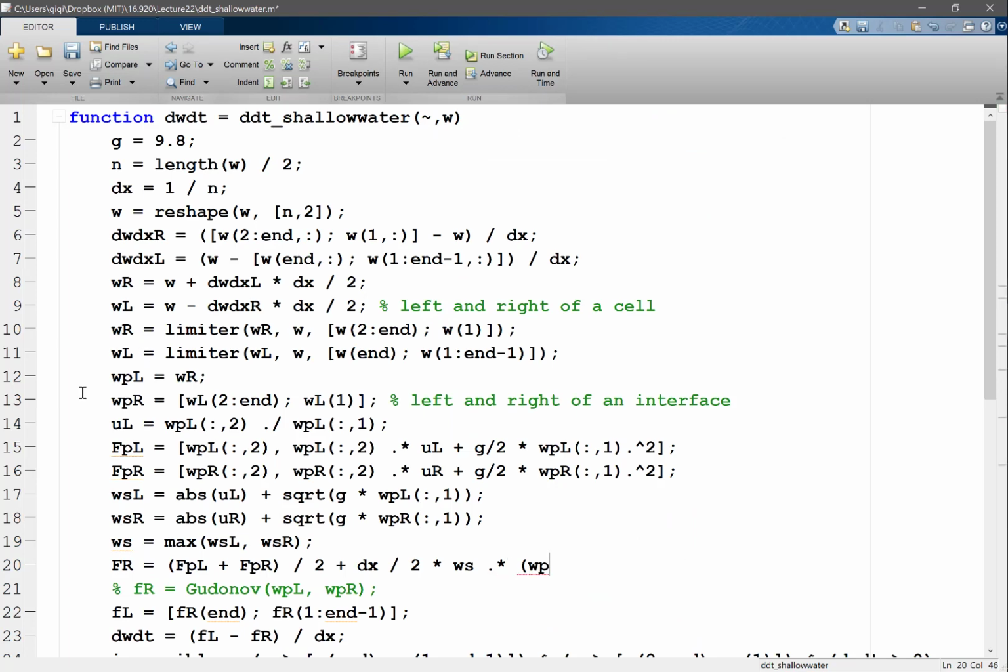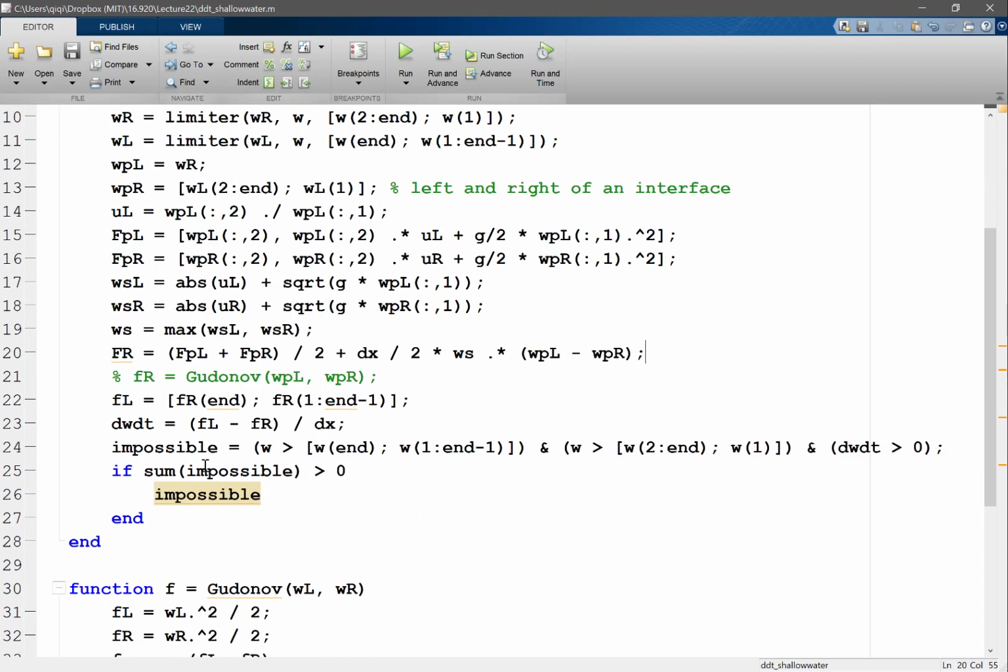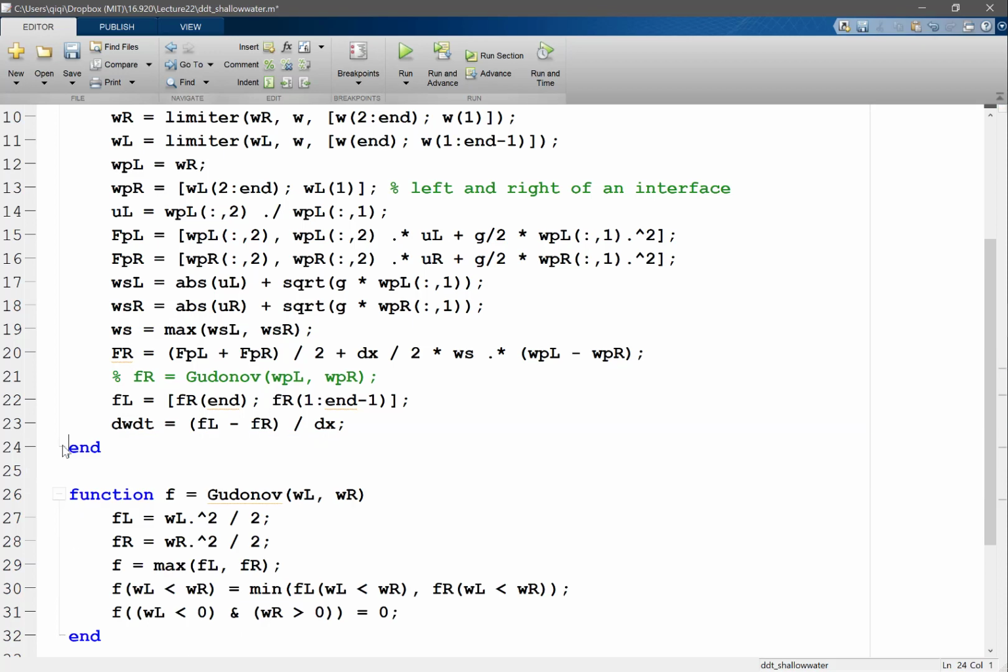So that's WPL minus WPR. So that's my flux. All right, everything else should be the same. Okay, so let's actually remove this positivity condition, because this is no longer going to be the case for a system of conservation laws. So the total variation diminishing condition only should work for a scalar conservation law, because for a system of conservation laws, even the analytical solution wouldn't satisfy that property.